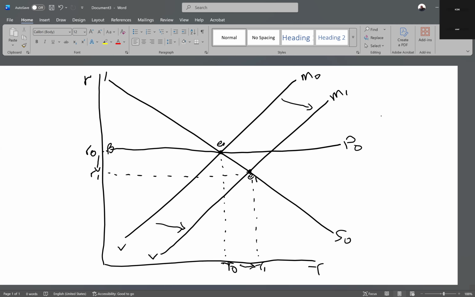Anytime there's excess demand for something, that means that there's what? Shortage. Anytime there's excess supply, it means there's surplus. Here, E1 means excess demand for foreign exchange as a result of balance of payment deficit. So there's shortage of what?